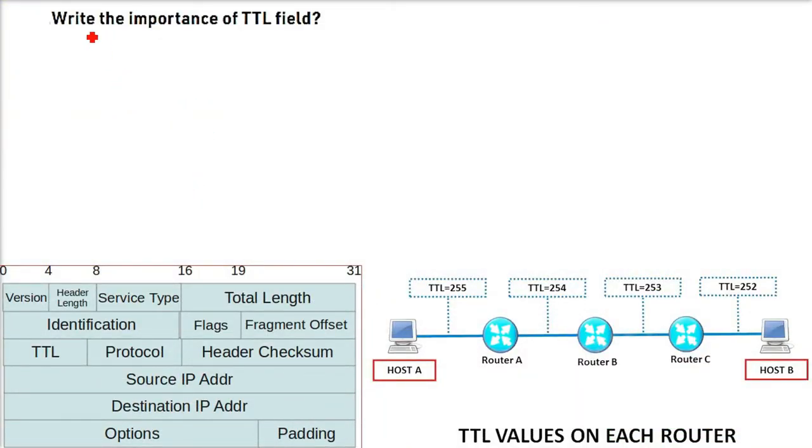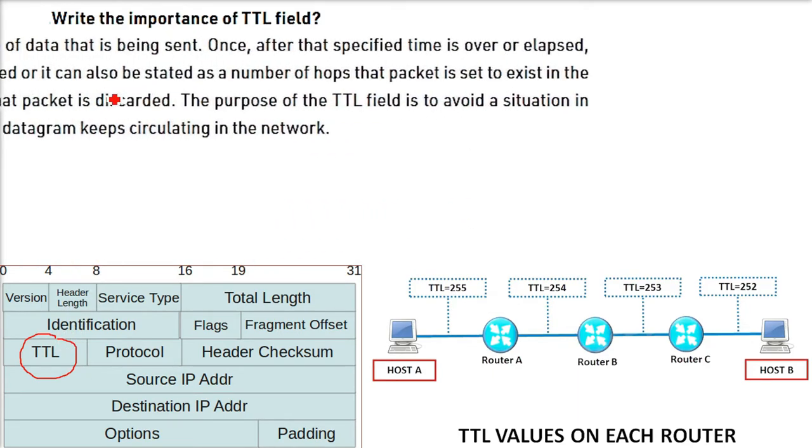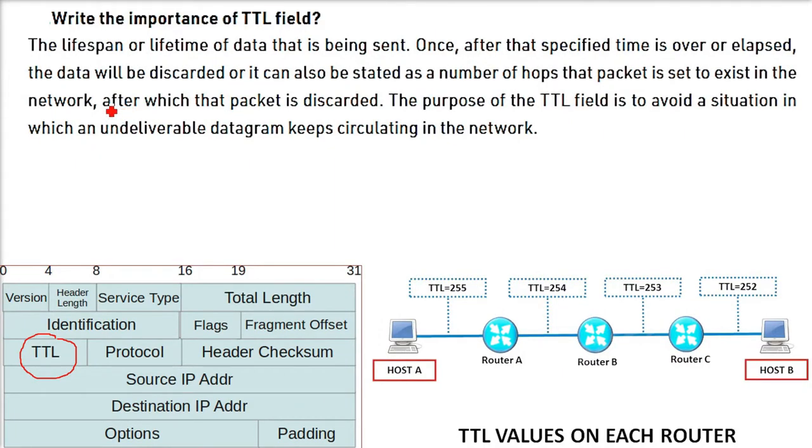What is the importance of the TTL field? Now here you see we have a TTL field. TTL is for time to live, and the packet has a time to live. Why do we require this? The TTL is the lifespan or the lifetime of the data that is being sent, because once that specified time has elapsed, the data will be discarded.